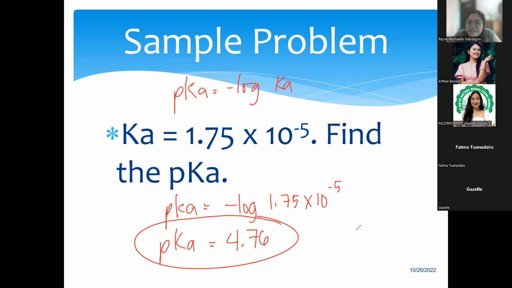Yung iba, nag-4 point something. Saan galing yung 4.65? Paki-check kung ano yung ginawa niyo sa calculators niyo. Tapos yung iba, paki-ayos ng rounding off. Kasi it will be 4.76.